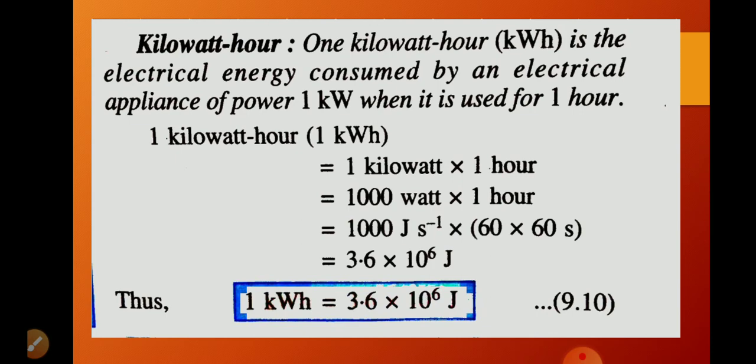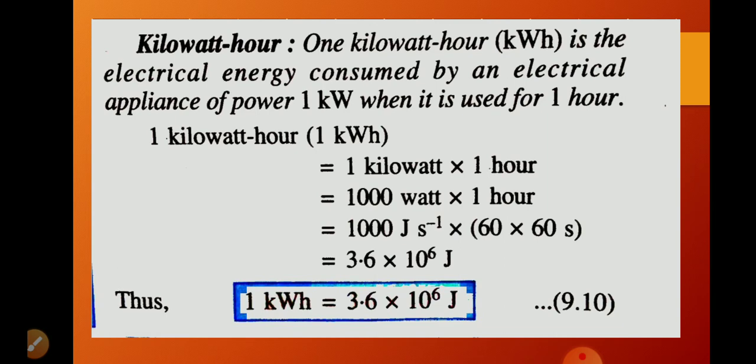The electrical energy consumed by various appliances in our house, or in industries, is measured in this unit only, kilowatt hour, and its cost is paid to the electric company, that is KEB, accordingly. If you see your electricity bill, there it is charged in rupees per unit.